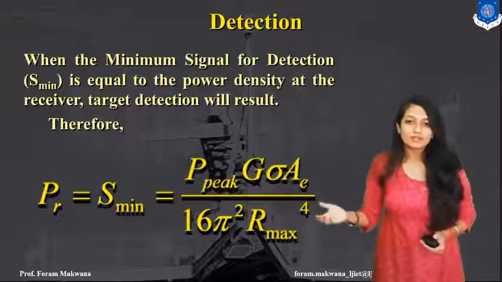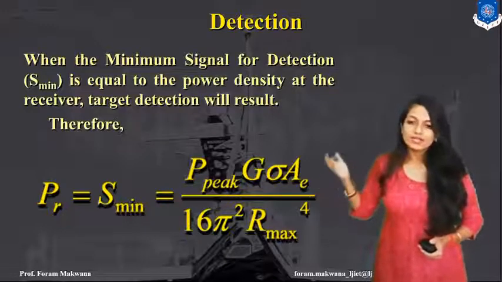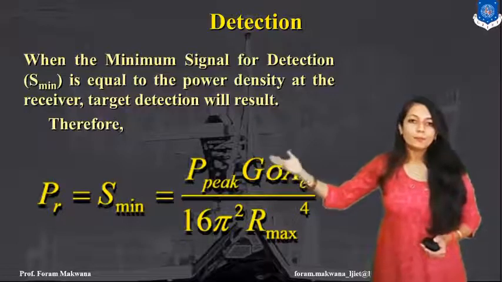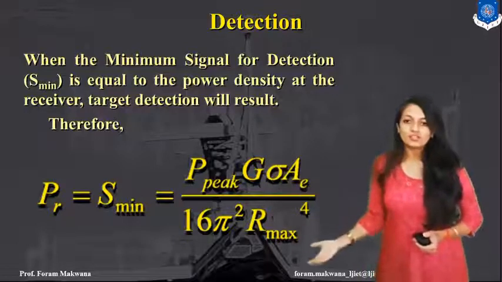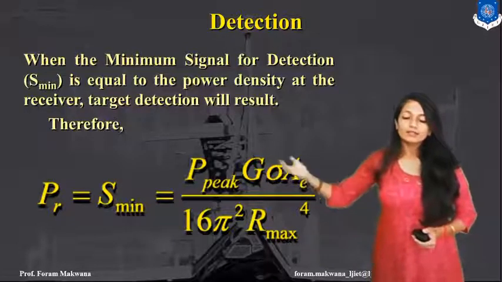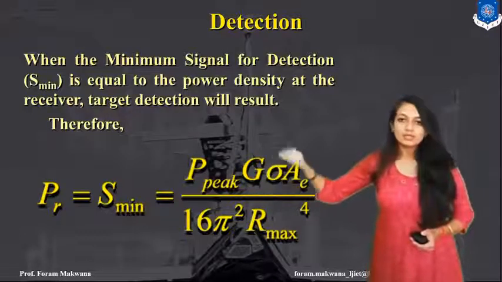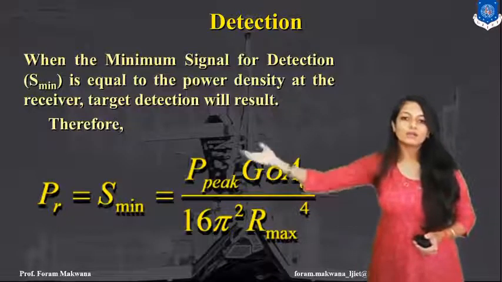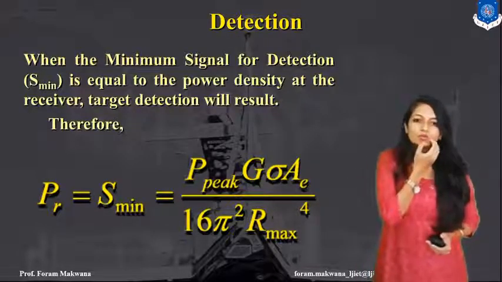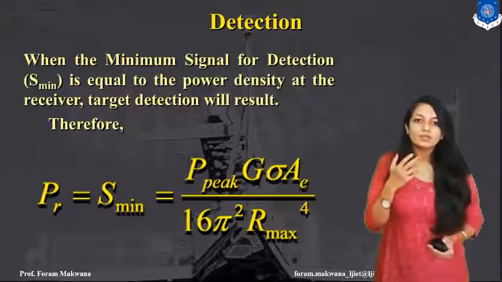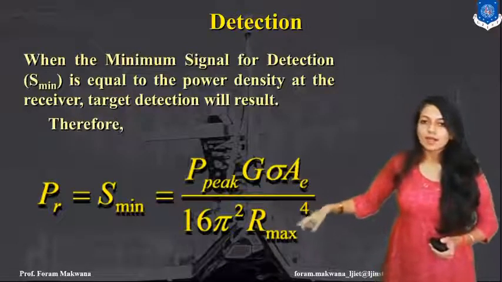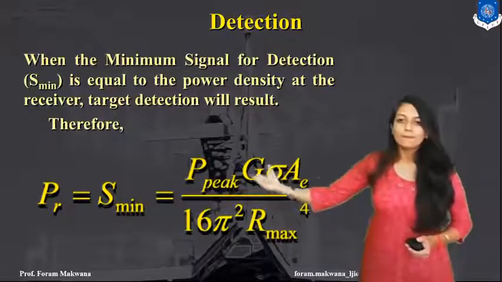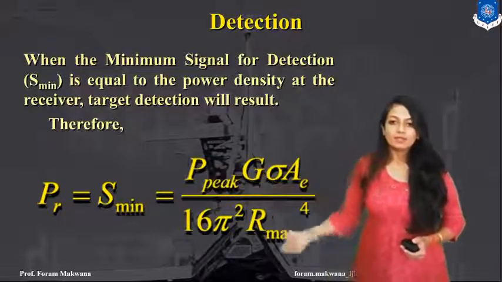If someone asks about the relationship between the minimum detectable power and radar range, we can say that the minimum detectable power increases if the radar range decreases, because they are inversely proportional. If we need to calculate the radar range, we must replace R max with S min. So R max goes over there and S min comes here.